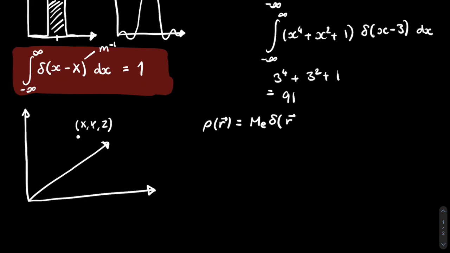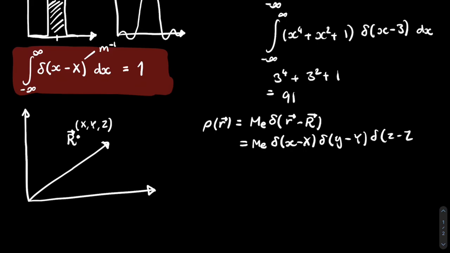So in 3 dimensions, this is going to be the 3D position vector r minus this 3D position vector R, the vector position corresponding to this point right here. That's what it is in 3-dimensional notation. You can also simply write it as a product of 1-dimensional Dirac functions: x minus big X, y minus big Y, and z minus big Z. So that's how you can represent the density.